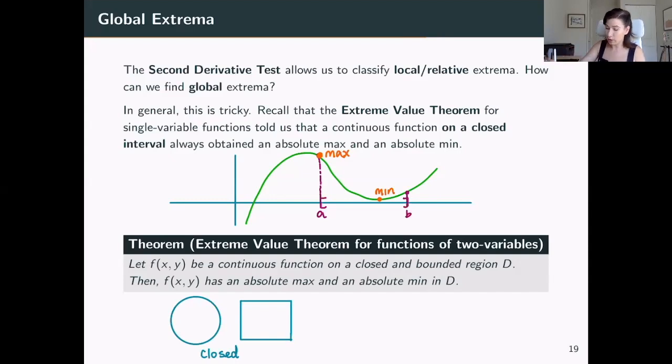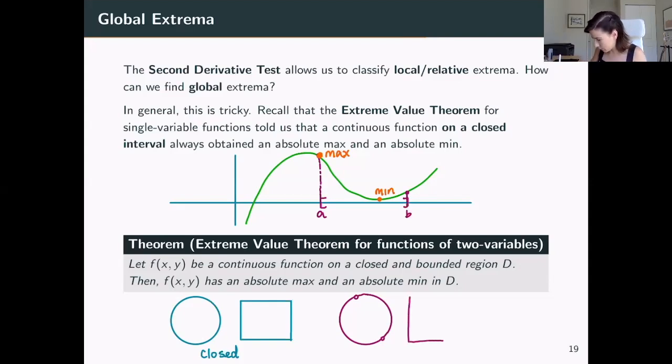We could also draw an example of what a not closed region would look like. So here I'll draw two similar shapes and then alter them slightly. Here I have the same circle, but I'll go ahead and remove a point. We could have a removal of a point here, and then maybe we remove another point down here. This would be an example of something that is not closed. Similarly, we could have a region that looks something like this.